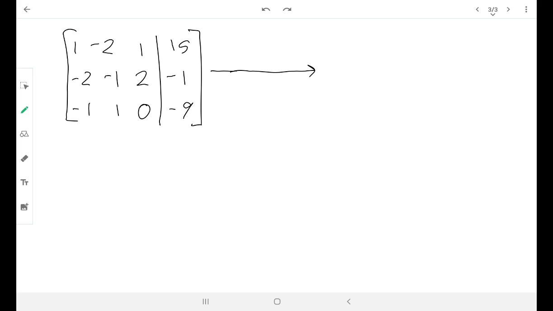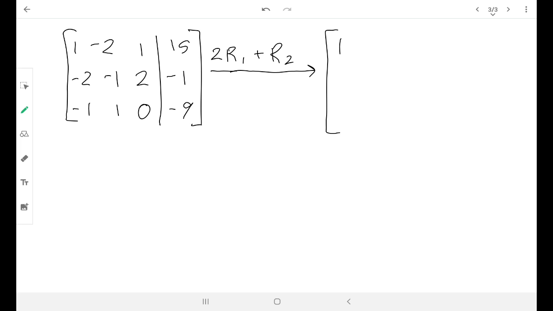If I make the first element of the first row a 2, then 2 plus -2 will be 0. So this works the same way. So I'm going to do 2 times row 1 plus row 2, and that will get me a 0 right there, and that's all I really want to do for right now.